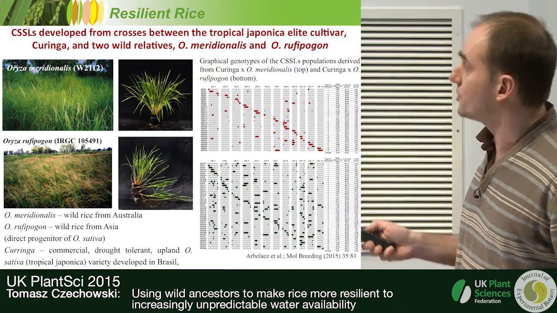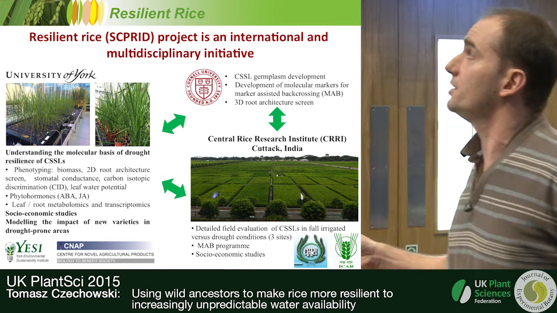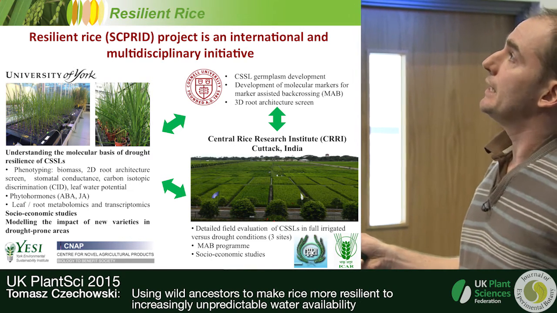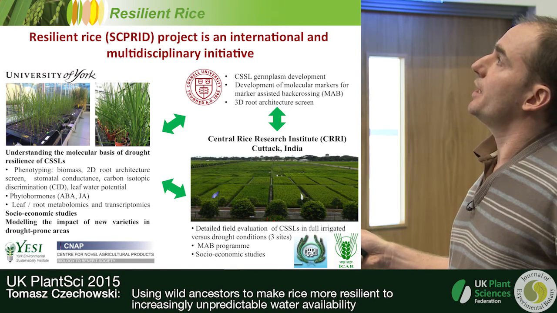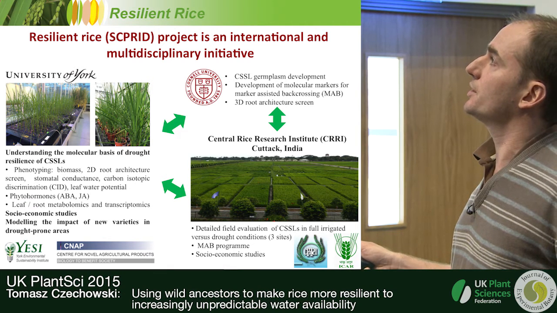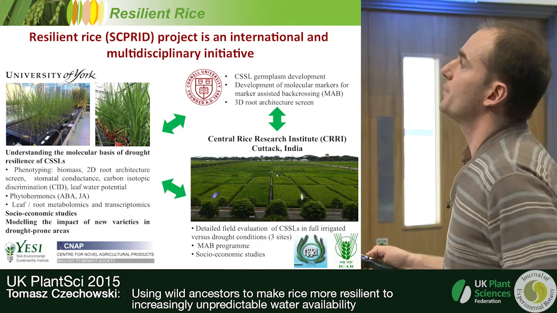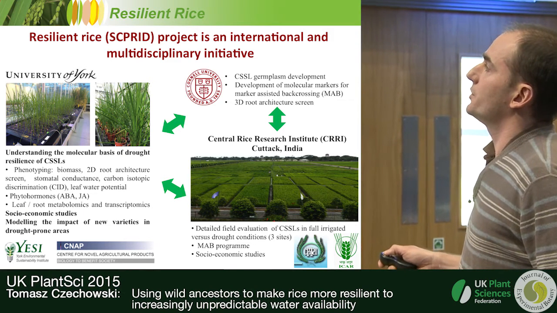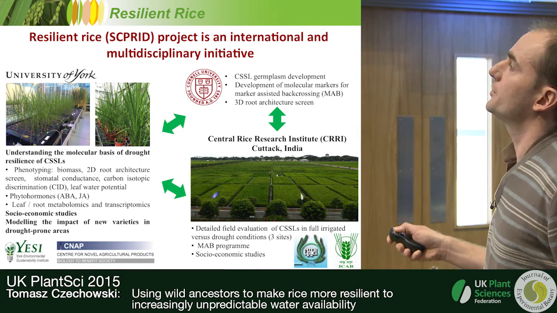That's the material we use for our project, and this is really an international initiative, because Cornell University in the US developed the germplasm, and we have the field trials happening in India in a place called Cuttack, at the Central Rice Research Institute, which is very experienced in rice breeding and has fully irrigated and drought condition sites, which I'm going to talk about later.